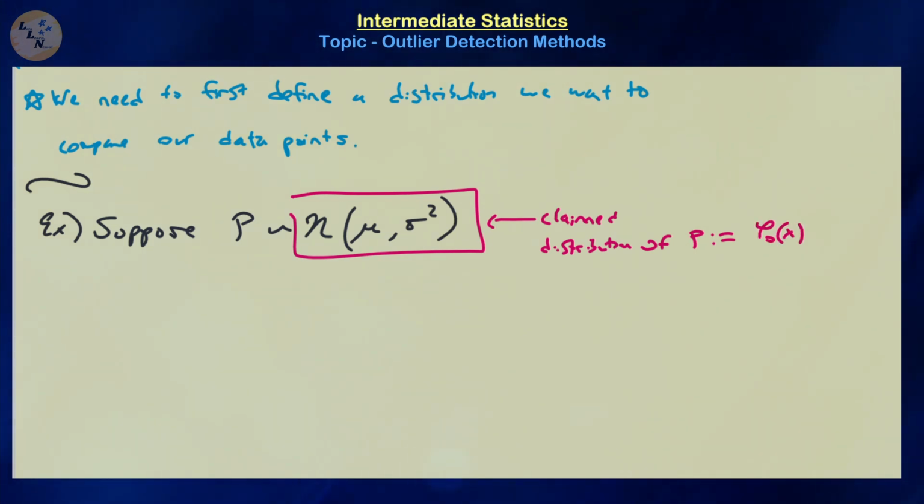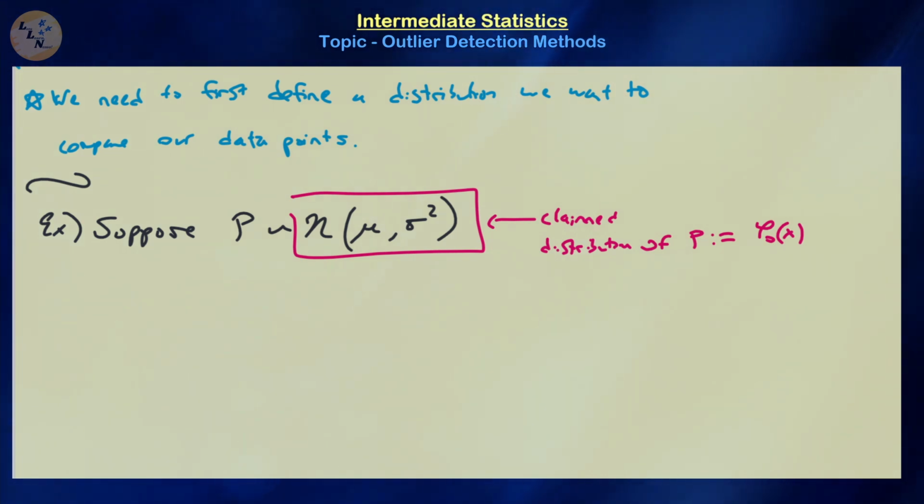So it's sort of like a null hypothesis claim. And of course you can conduct a hypothesis test for this distribution by doing, say, a chi-square goodness of fit test or a Kolmogorov-Smirnov test or some of the other different types of tests that one can use to test populations.